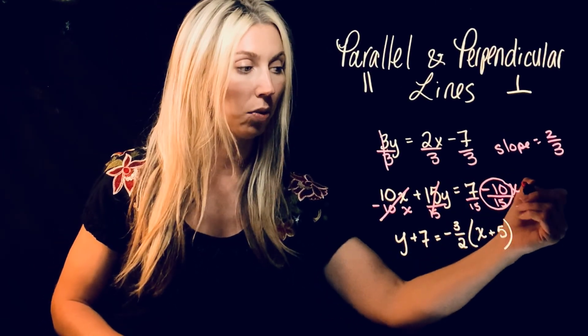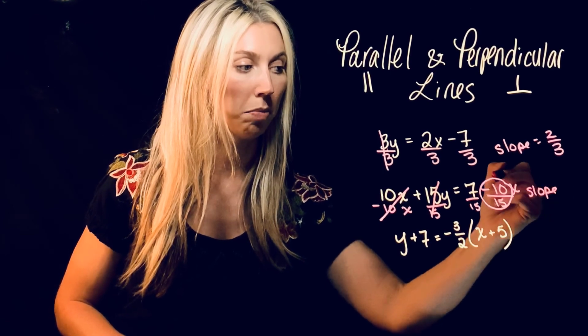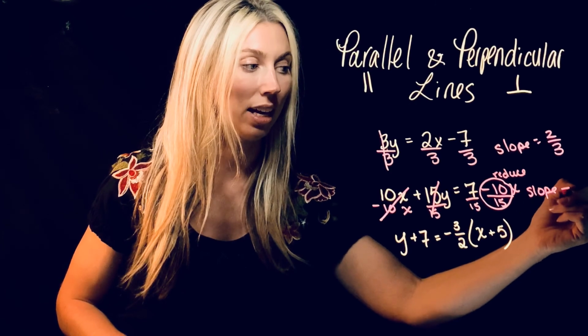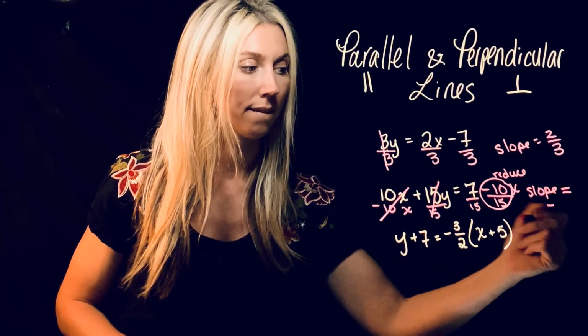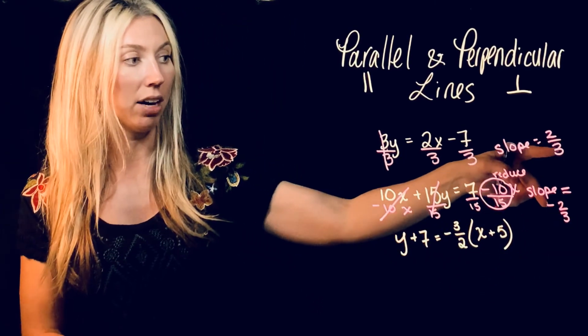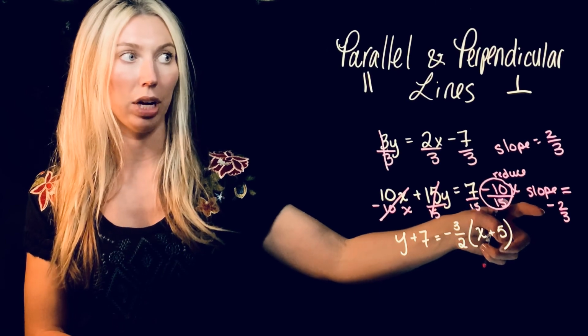So negative 10 over 15 is really, if I reduce that, and make sure you always reduce, the slope of that is going to be negative 2 over 3.